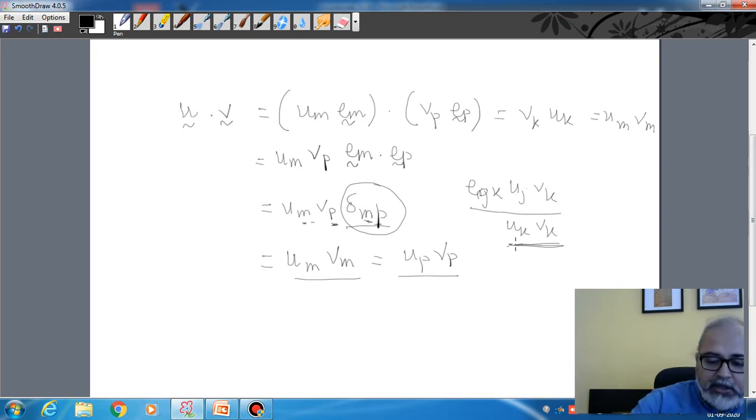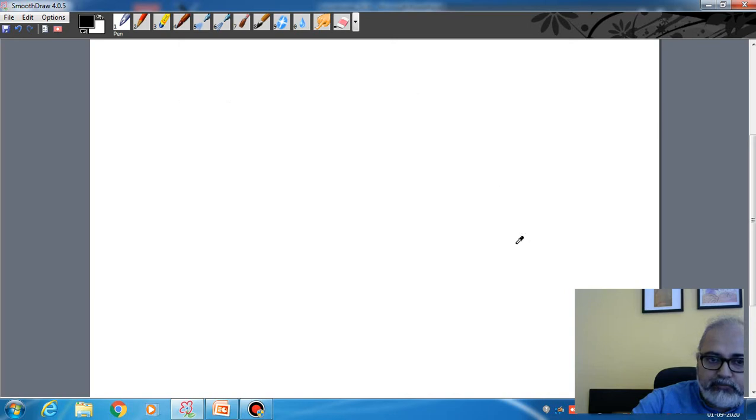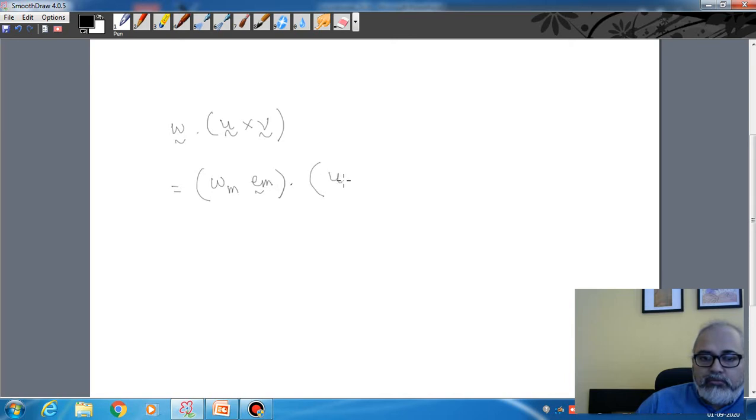Let's look at the triple product now. The triple product, let's say, between W dot U cross V. The triple product is a scalar, so we will again break up the vectors into components. We'll write it as WM EM dotted with UP EP crossed with VQ EQ.